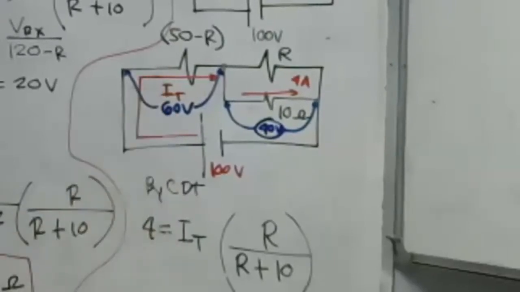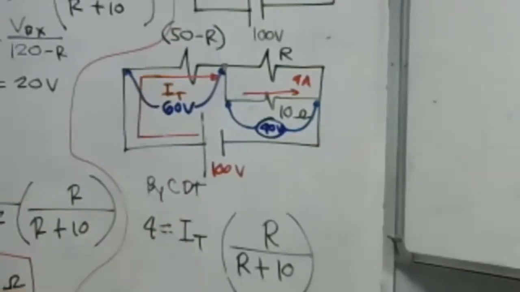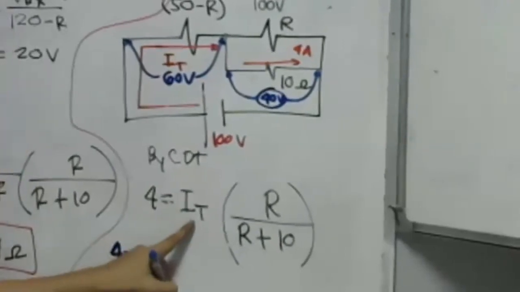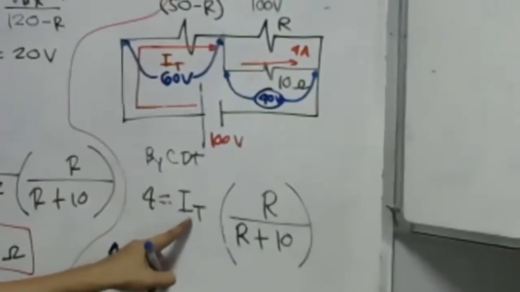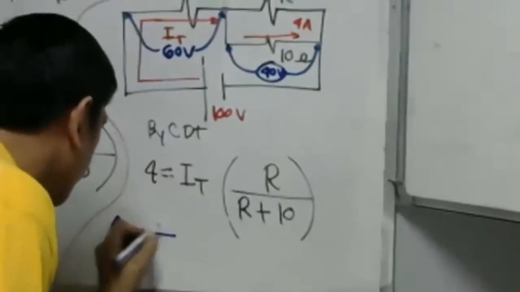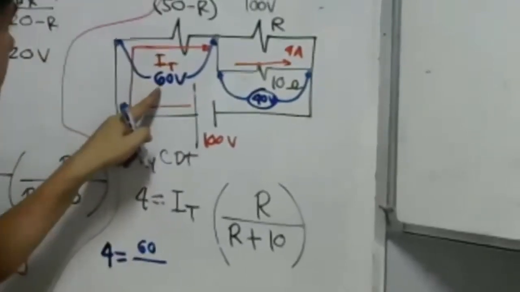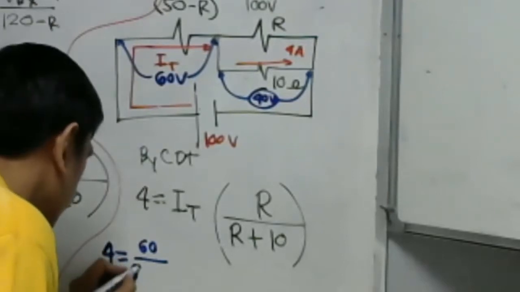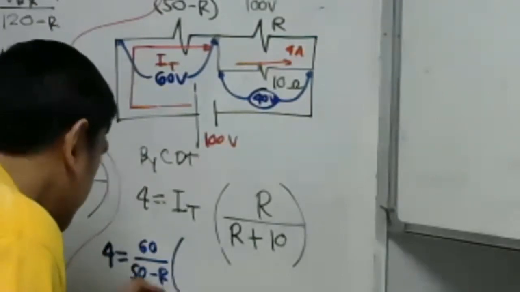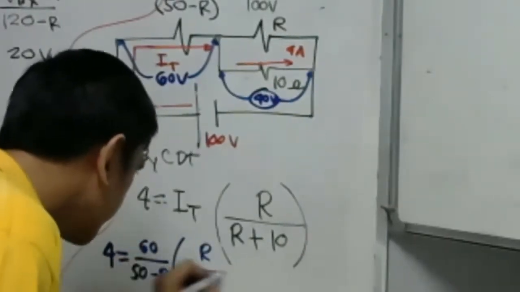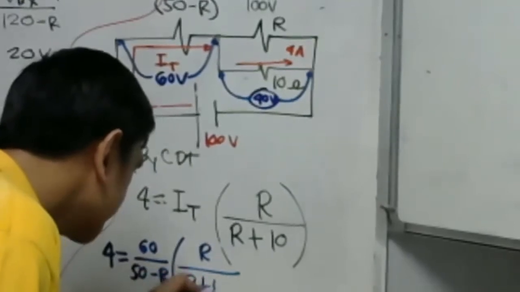So, our IT now is what? Take a look here. I will substitute, guys. 4 is equal to I total. Again, what is our I total? Ohm's law. 60 volts, the voltage over the resistance 50 minus R, multiplied by, again, we have here our R, then over R plus 10.